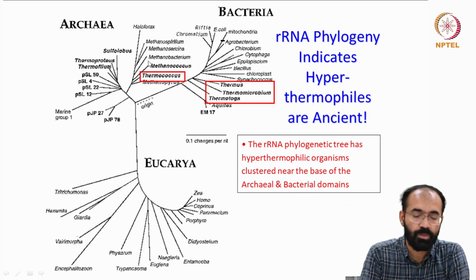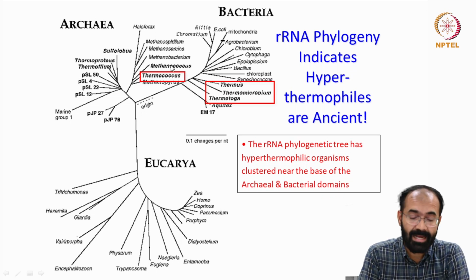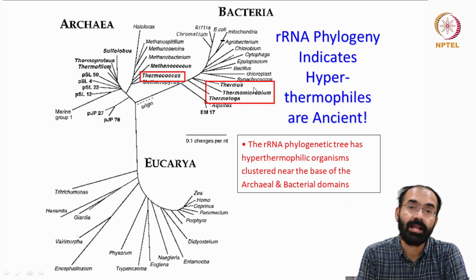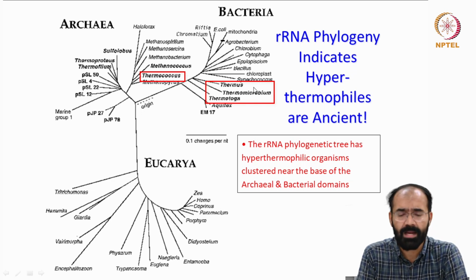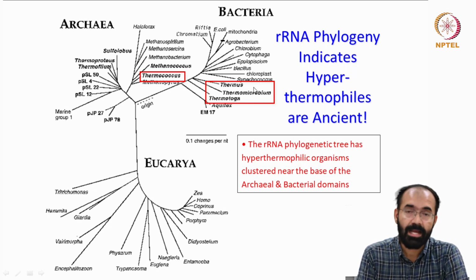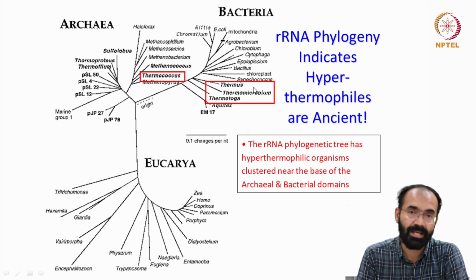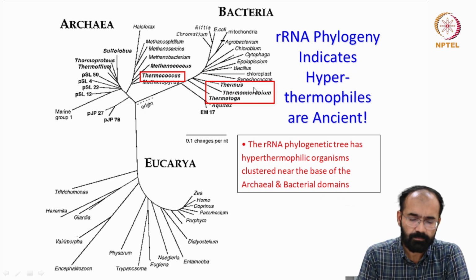In the archaea group, you have one group called thermococcus, which is circled in a red box, and then you have the bacterial groups thermus, thermomicrobium and thermotoga. When you compare these three groups at the RNA phylogeny level, ribosomal RNA is basically used for comparing different organisms and their relatedness. Even in modern days, it is used as a very powerful tool for comparing interrelationships.